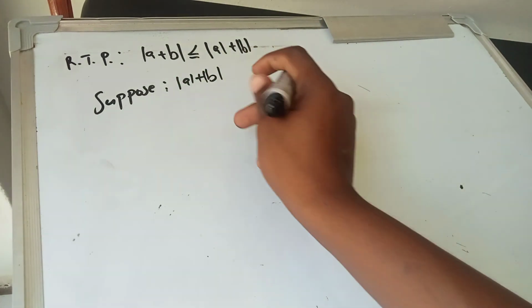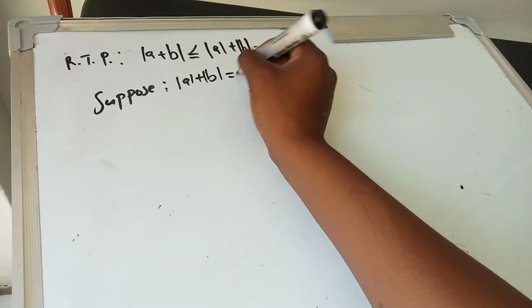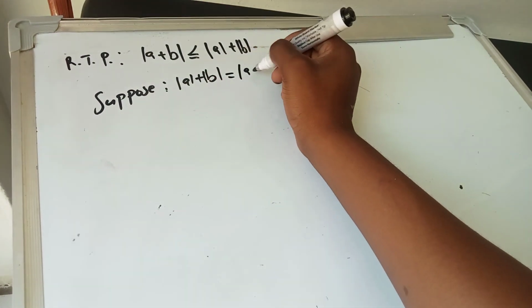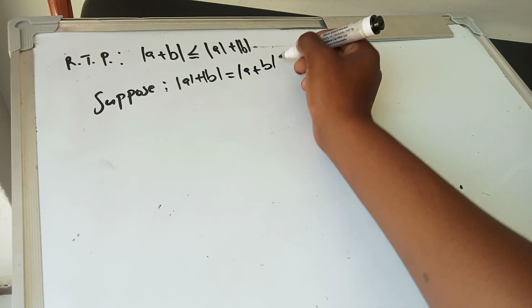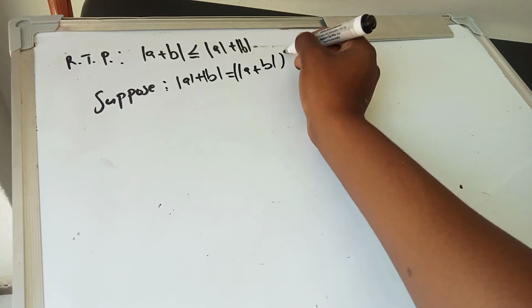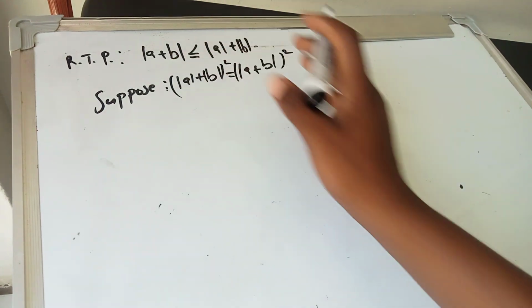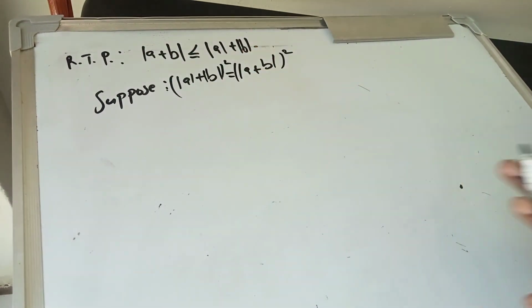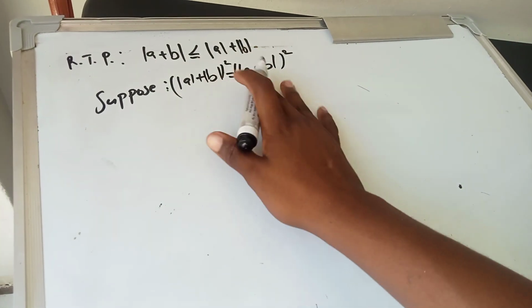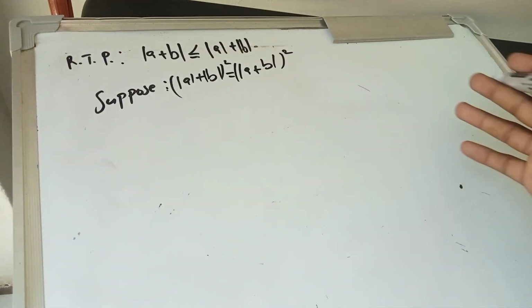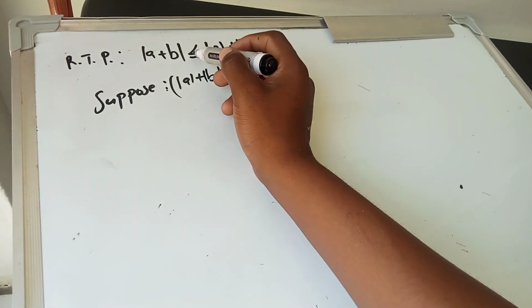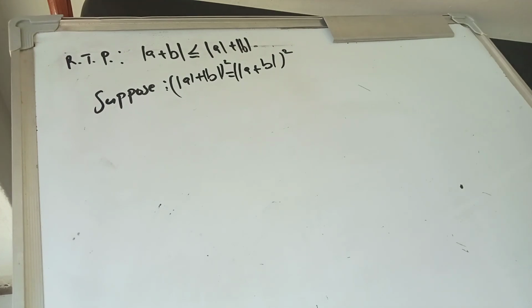Suppose that if this, then this: a plus b, all squared. If these are equal to each other, then these two must also be equal to each other. I'm respecting this equal sign here.